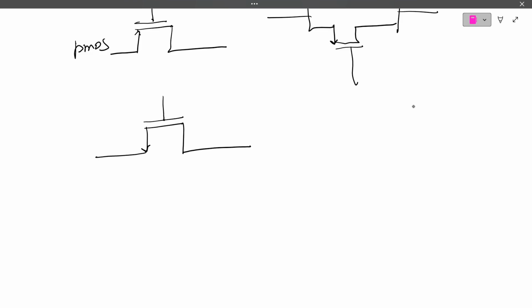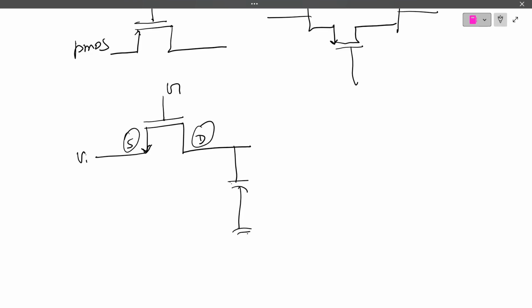If I apply input here, and there is the switch, we cannot say this is the source and this is the drain just by seeing the arrow.